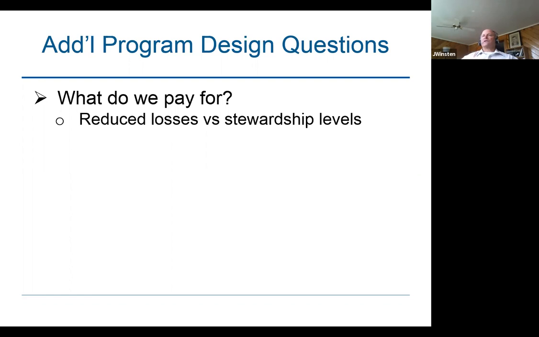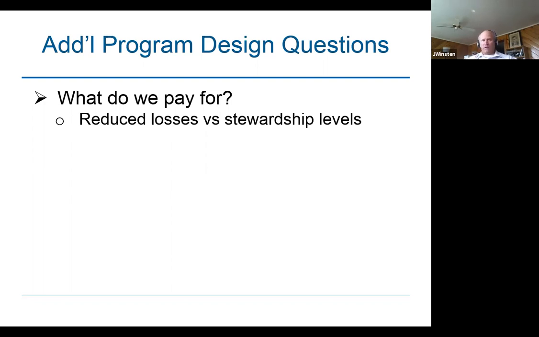However, that's much more cost effective, right? If what you're looking for is getting the greatest bang for the buck, you probably want to think about paying for reduced losses. Paying based on stewardship levels is inherently more fair in that it rewards folks for doing all the conservation they've been doing for years or decades. And it imputes value into less vulnerable land and into maybe more appropriate production systems.